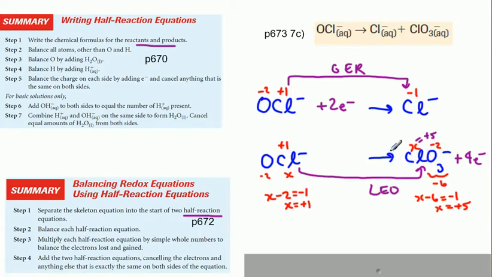And now we can sort of follow these rules over here, okay? And basically what's involved is if we take a look at the waters, on the top over here, we need to add 1 water on the right side because we have an oxygen over here. And on the bottom equation, we've got 3 oxygens and only 1 over here.